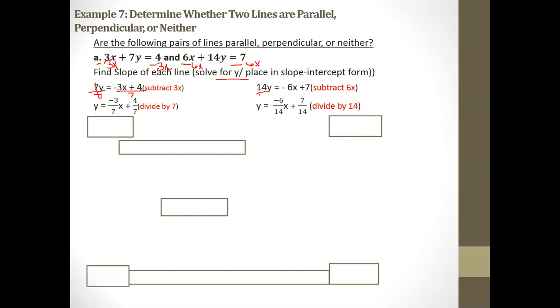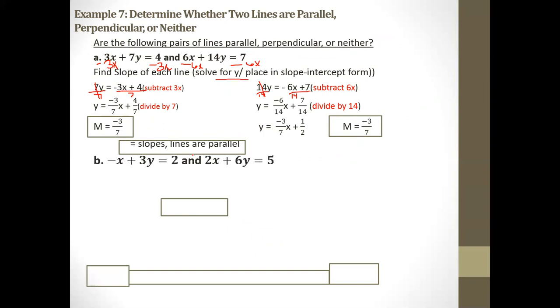And the equation on the right, we're dividing both sides by 14. Now, when we do that, we'll get our slope as -3/7 for the equation on the left side, and our slope is -3/7 for the equation on the right side. Because these slopes are the same, we would say that these two lines are parallel because they have equal slopes.